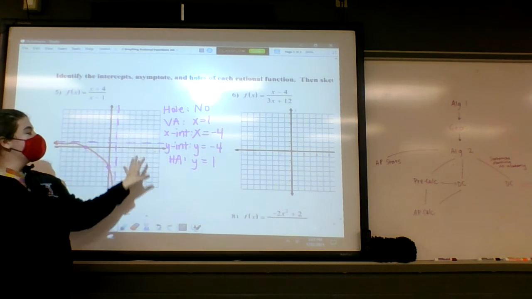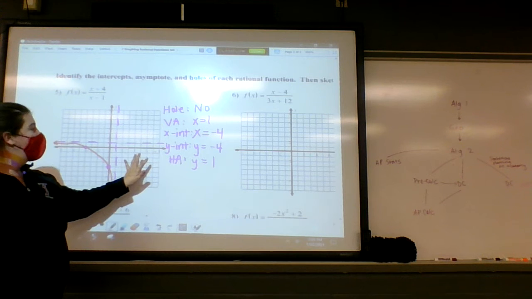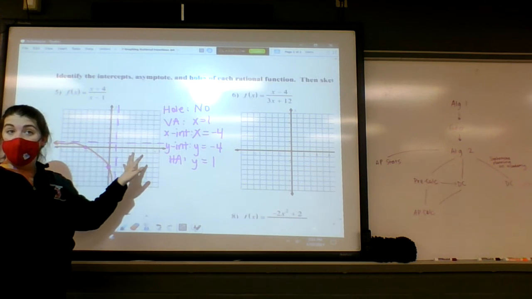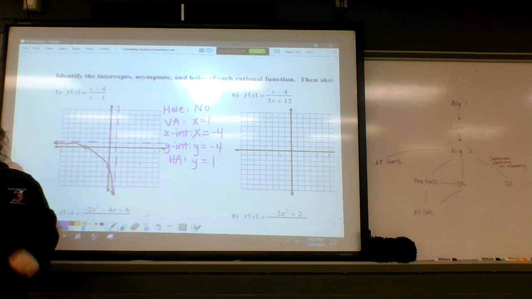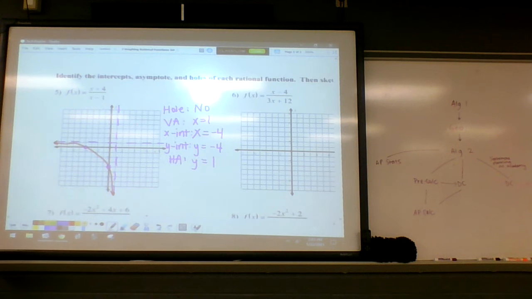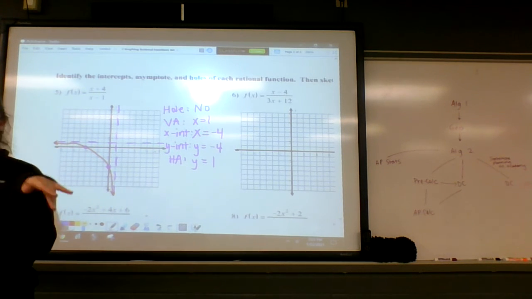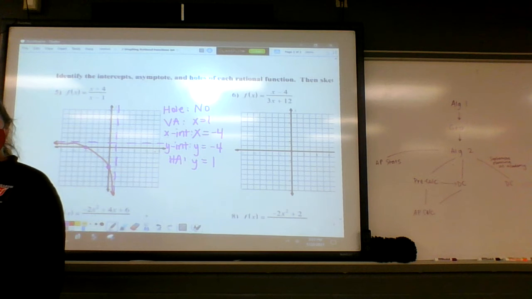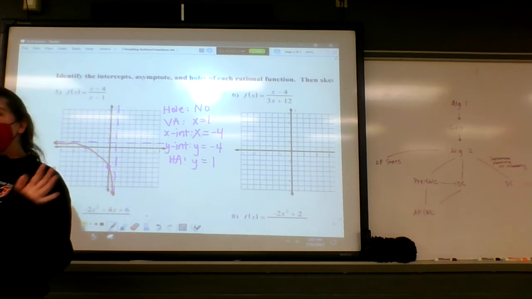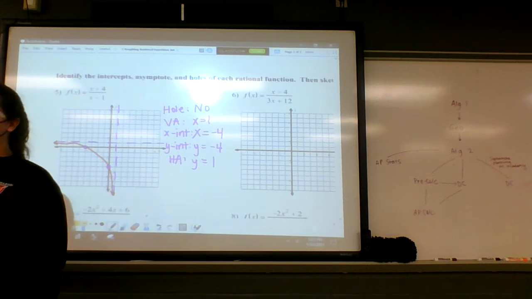So on this side over here, it's either in the top or it's in the bottom. And this one's a little bit harder to tell, isn't it? Why is it harder? Because we don't have any points to go off of, do we? So take like 10 seconds and make up your mind if it goes in the top or the bottom. And we're going to vote. We're going to see what people say.